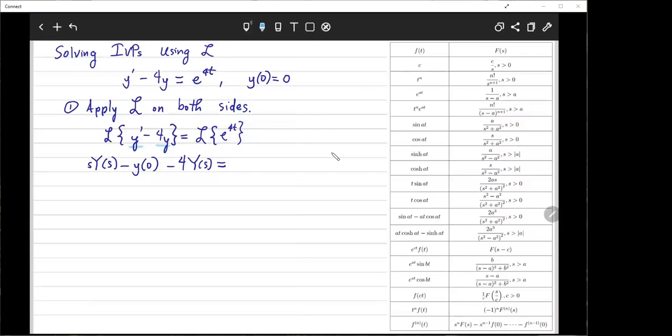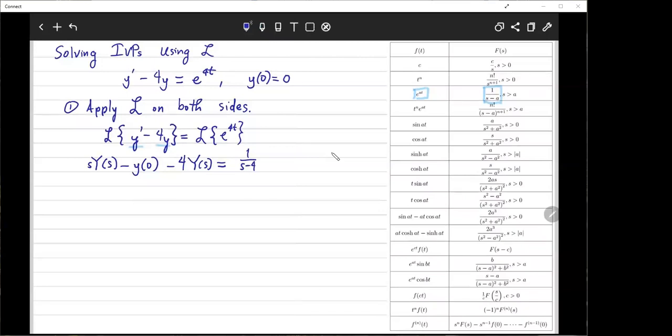And let's look at the table. So e raised to 4t is of the form e raised to at. And the Laplace transform of e raised to at is 1 over s minus a. Our a here is 4. So therefore, we have 1 over s minus 4 on the right side.